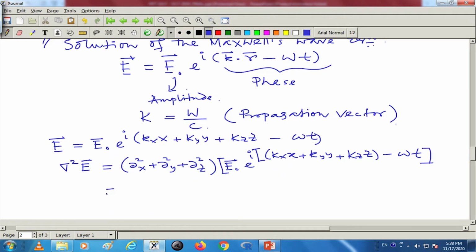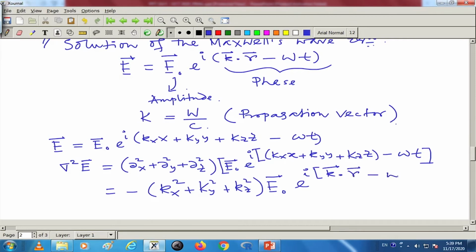So, due to two i kx, this i will be i square. So, I will have a negative sign, and I have kx square plus ky square plus kz square, and whatever we have on the right hand side will remain the same, because this is an eigenvalue like equation: i, k vector dot r minus omega t.